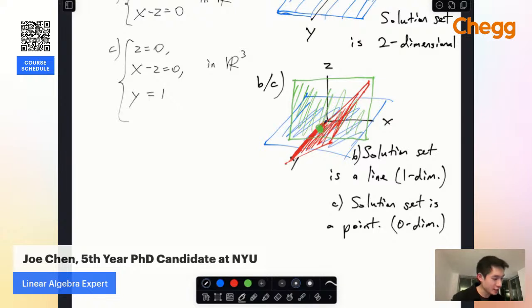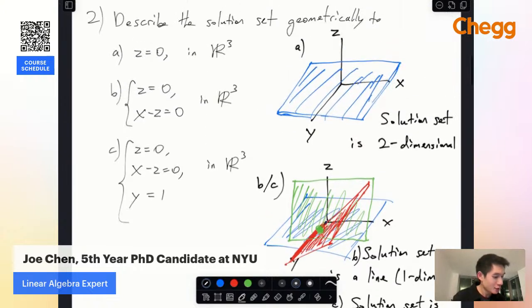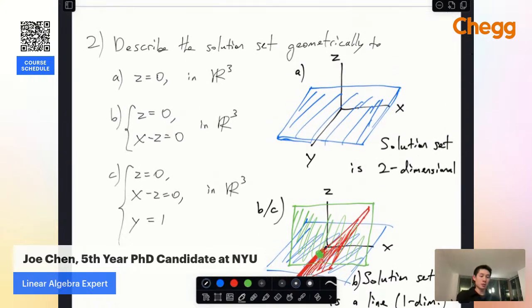And so the point is that if you want the solution set to a system of equations, you can start with the whole space, and you can think of each equation as knocking down the dimension of the solution set by one. So of course, if you have no equations, then your solution set is just the whole space. So in this problem, it will be all of R3.